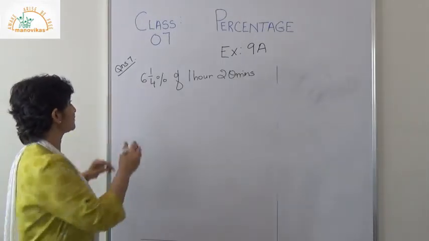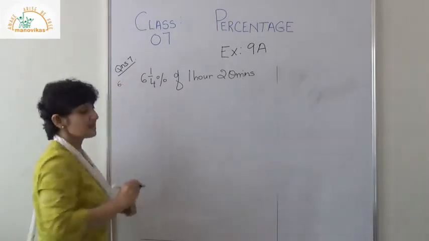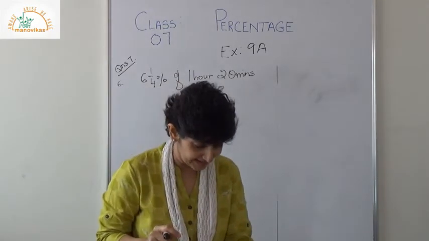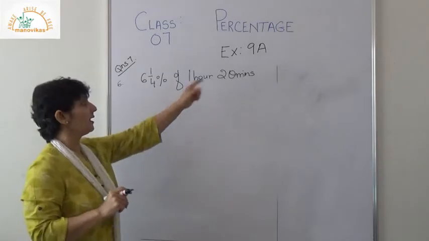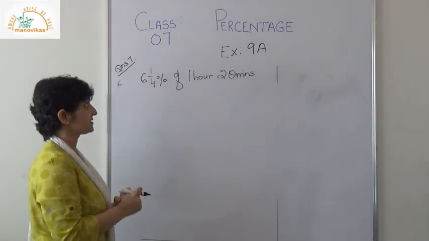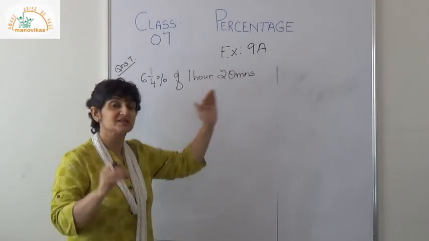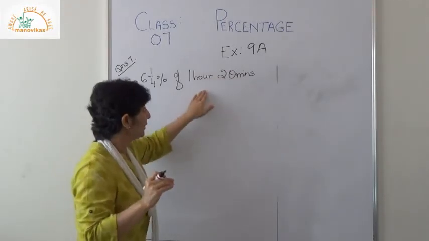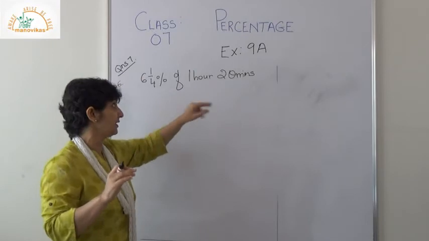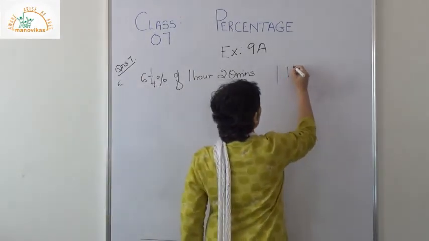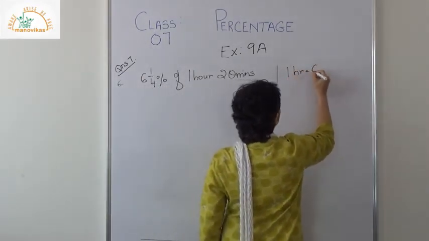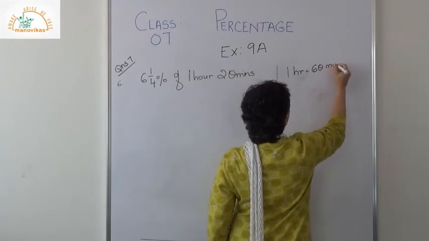Alright, the sixth sum, children, is 6 1/4% of 1 hour 20 minutes. Alright, now see, both these are different, hour and minutes. Whenever you do a sum, you need to have both in the same unit. Now I know 1 hour is equal to 60 minutes.